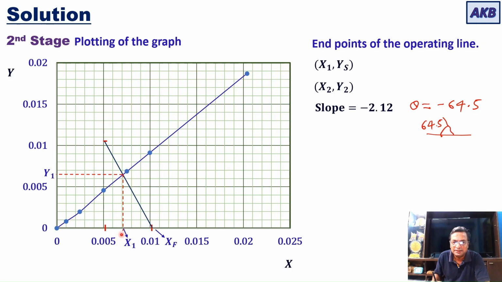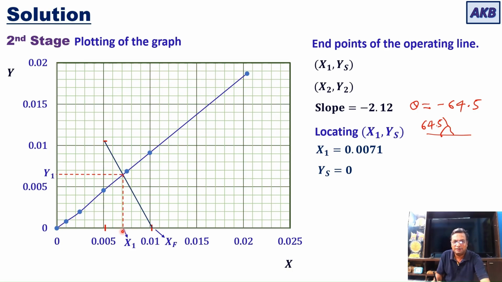So I'll use that. My aim is to start the operating line at this point. Before that, we need to locate the point X1, Ys. X1 is 0.0071 and Ys is 0. So this point will be located over here, where the x coordinate is equal to X1, and the operating line should be drawn from this point.